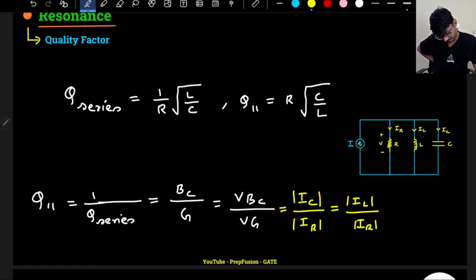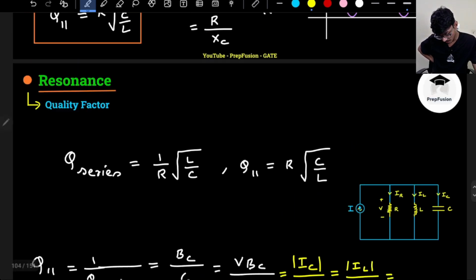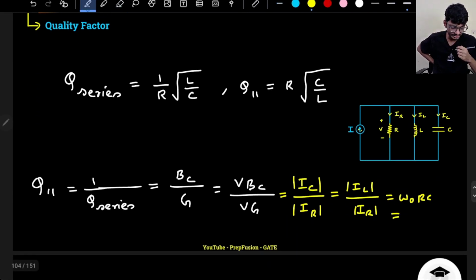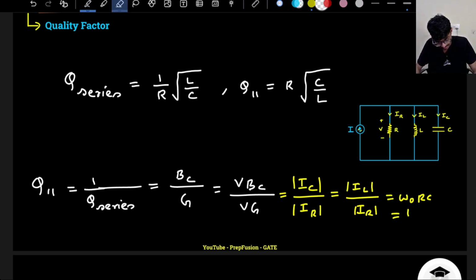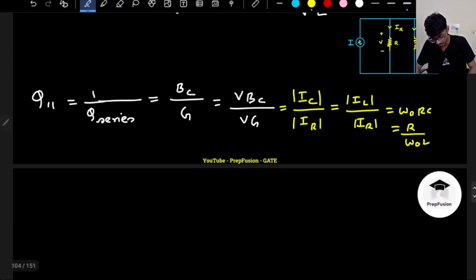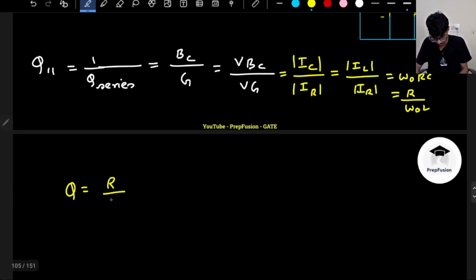You can also write this as omega naught RC, right? I know what omega naught C is. It is 1 by XC, and XC is equal to XL. So this can also be written as R by XL, R by omega naught L. My quality factor can also be written as R by XL, or as R by XC.